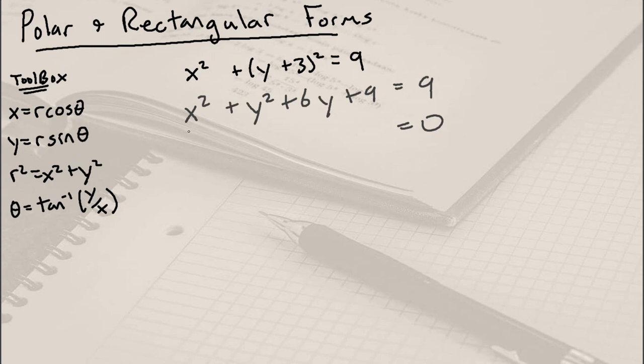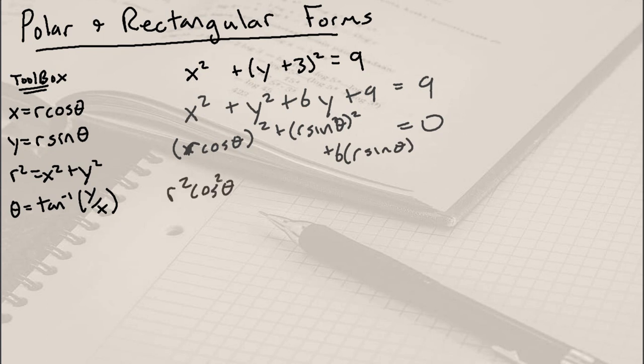And I'll go ahead and put in for x, r cosine theta, and for y, r sine theta. Plus 6r sine theta. And I'll go ahead and square, and I'll square the y as well.